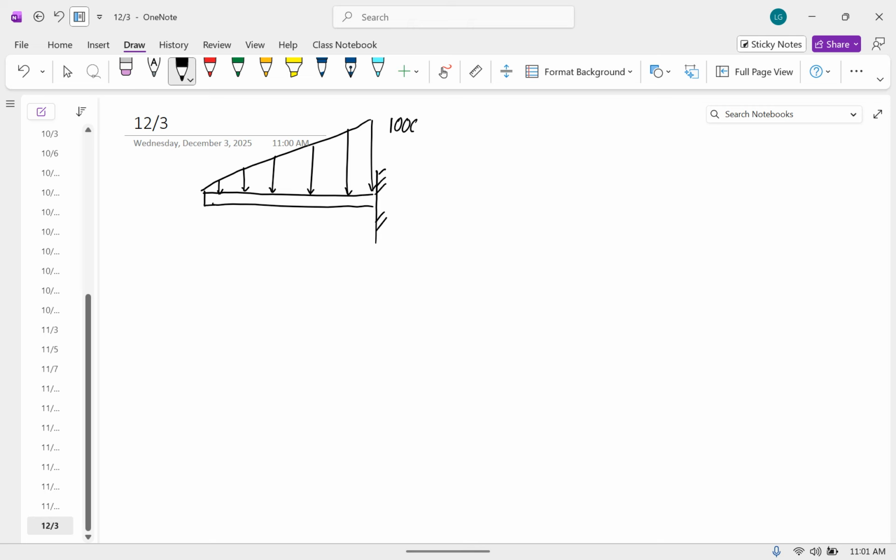Goes up to a maximum of 1,000 newtons per meter, and the length is 3 meters. So calculate the internal loads.